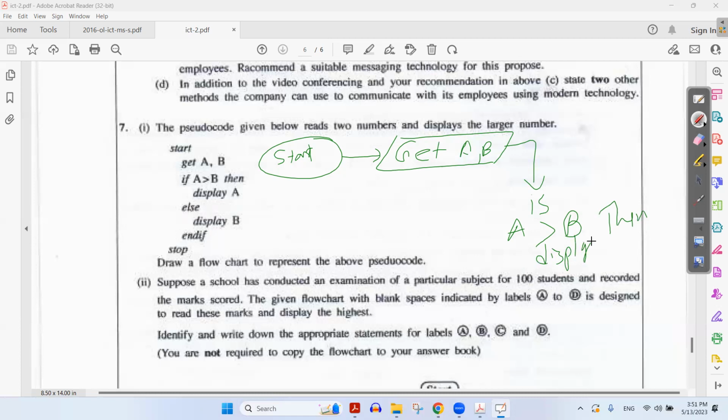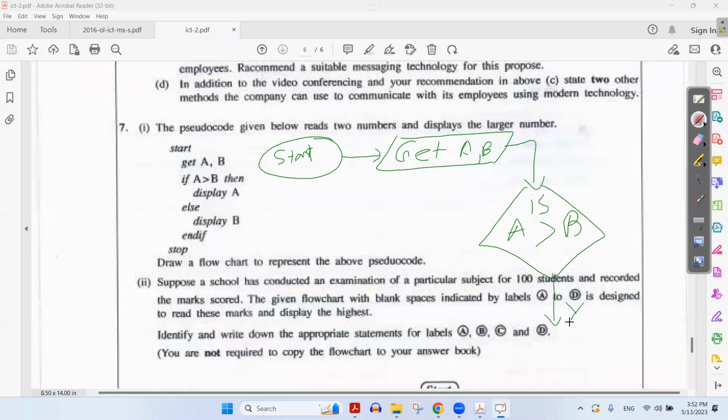So then you can say display A. Right? So, yeah, hold on, I mixed up. Right?